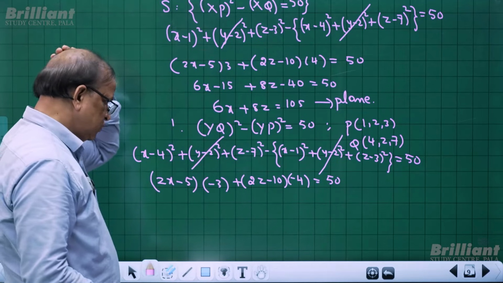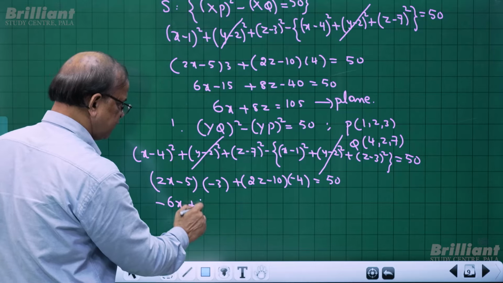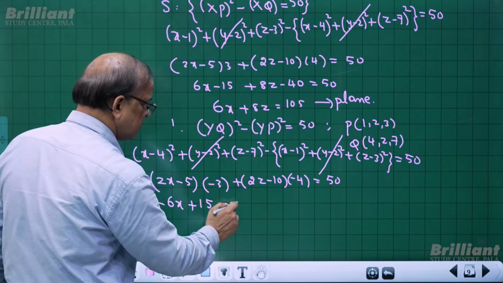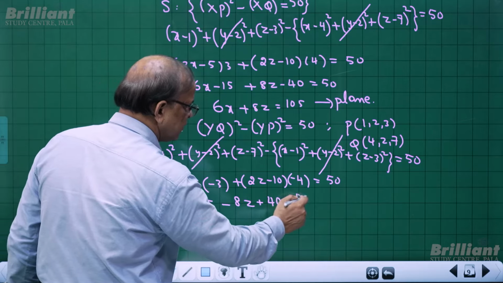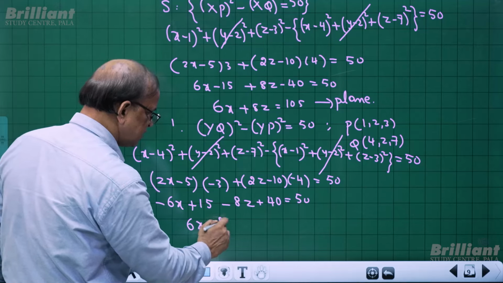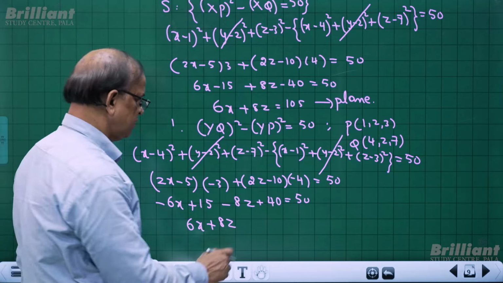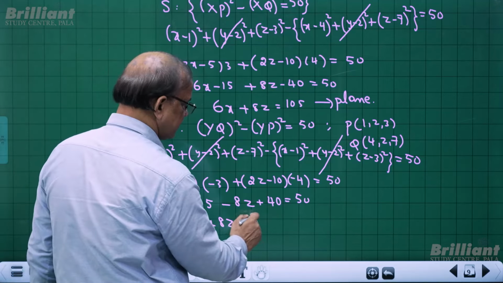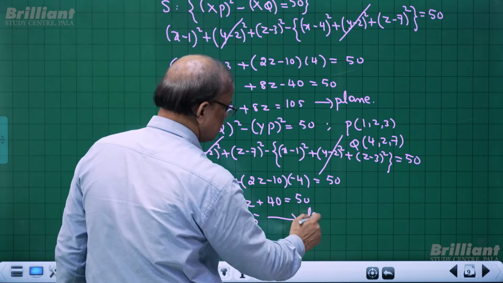So minus 6x plus 15 and minus 8z plus 40 is equal to 50. Transferring to this side, 6x plus 8z is 55 minus 50, that is 5. This is also a plane.